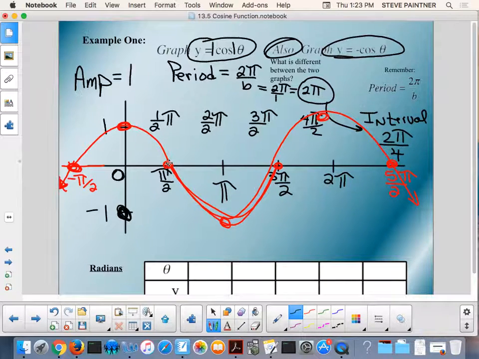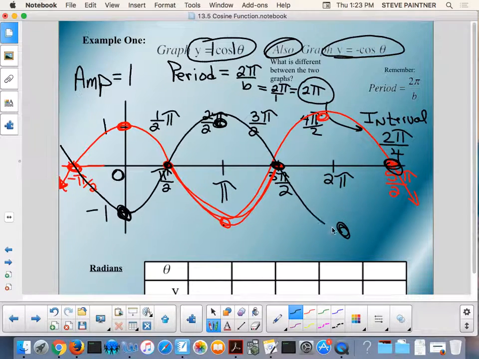How do you reflect this? You can't. It's right on the x-axis. How do you reflect this? Up to 1. And this one you can't reflect. This one you reflect. Can't reflect. Okay, so then here it goes. What do we call this one?